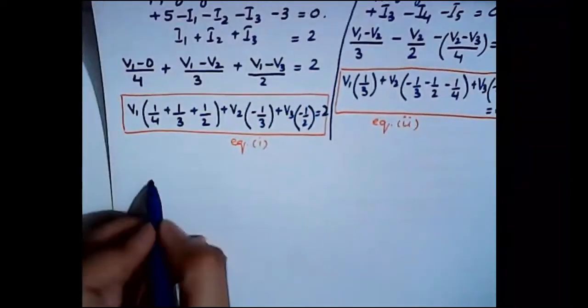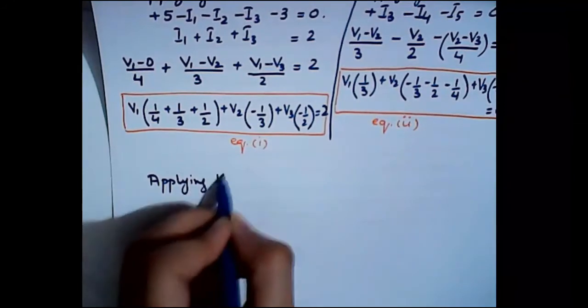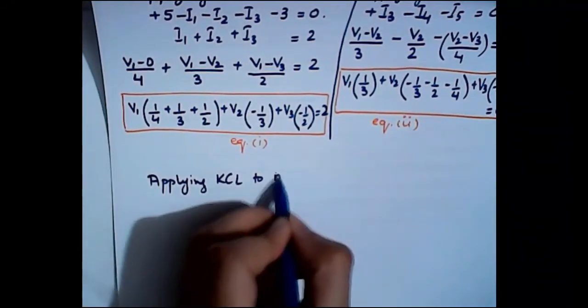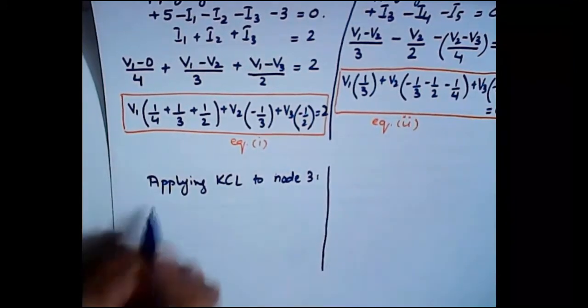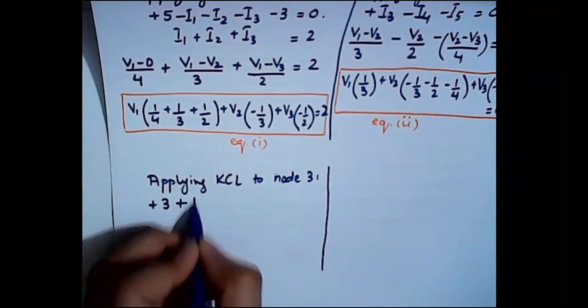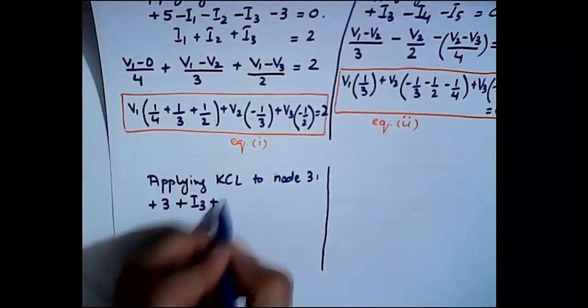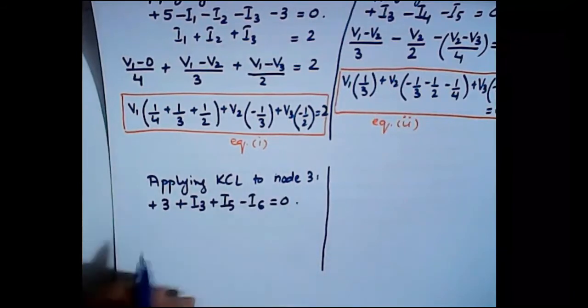So this equation now becomes, applying KCL to node 3, plus 3 plus I3 plus I5 minus I6 is equal to 0, right?